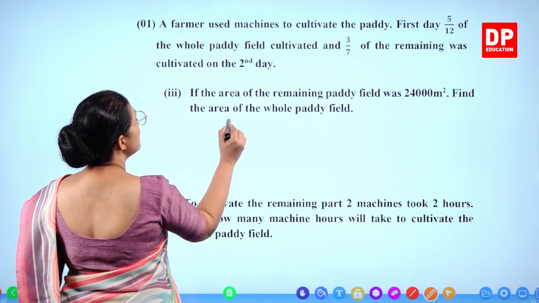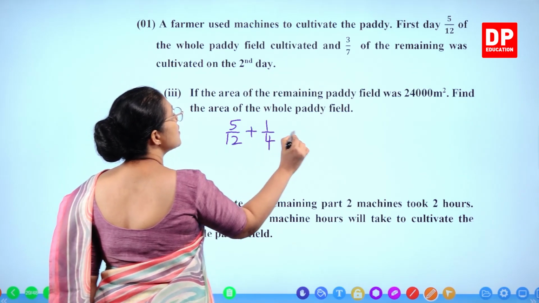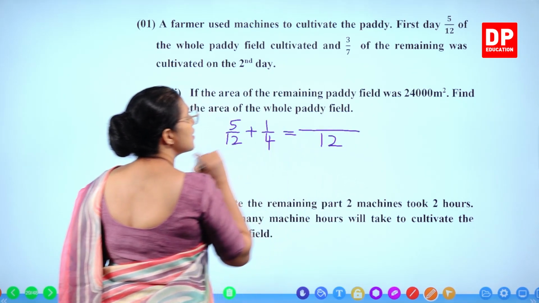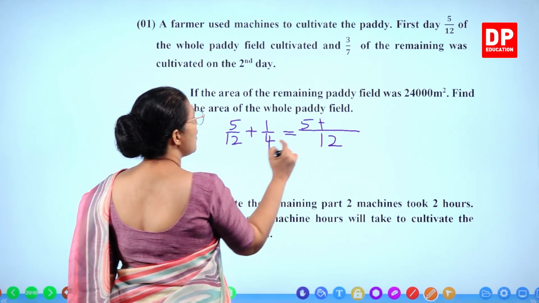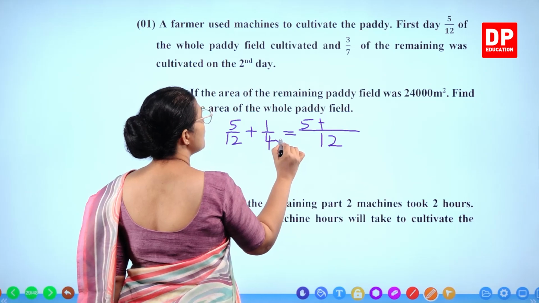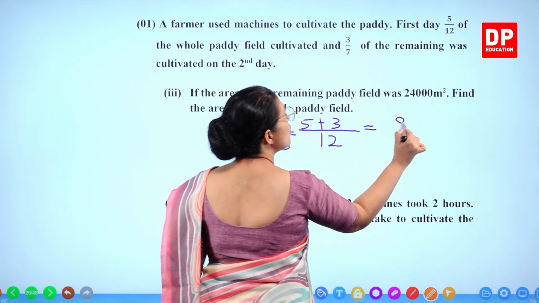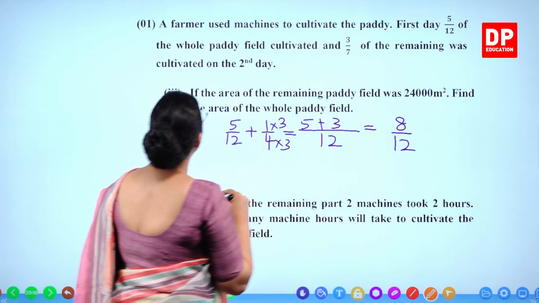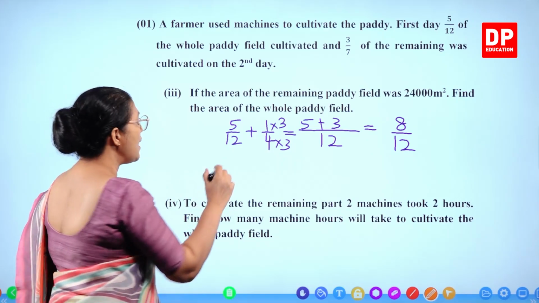What is the total? 5/12 and 1/4. So convert to the same denominator here, 5, and this one you have to multiply by 3. So this becomes 3. 8/12 is used. So what is the remaining part?